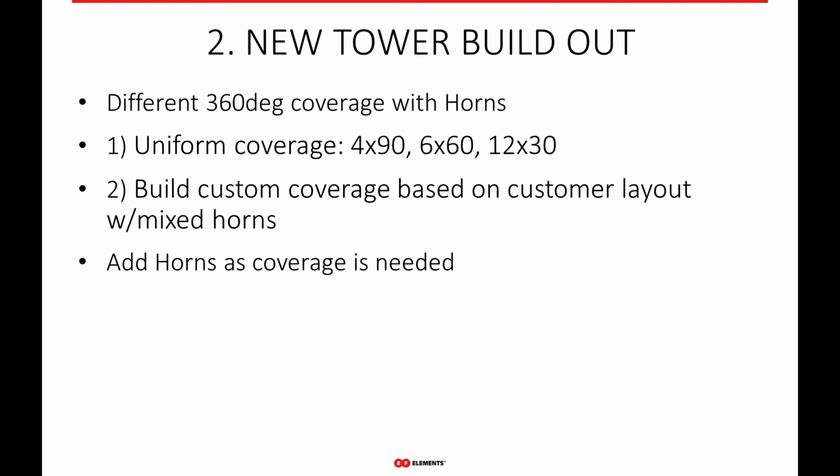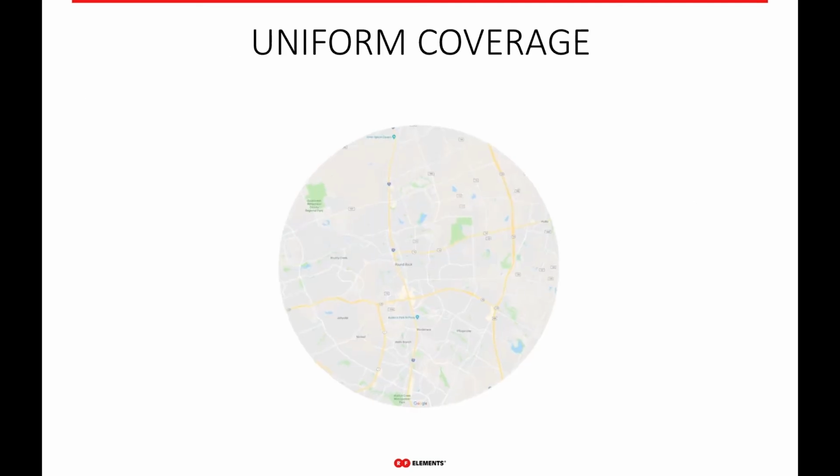And then the third part, other than uniform and custom, is just adding horns as coverage is needed. This is the slow build out, building density based on the necessity for density. Perhaps you're in a rural area where you don't have a large customer base yet. You don't have to deck out that tower with 12 horns and have all this capacity. You can build there. So we'll go through these different build out scenarios on towers with nothing but horn antennas.